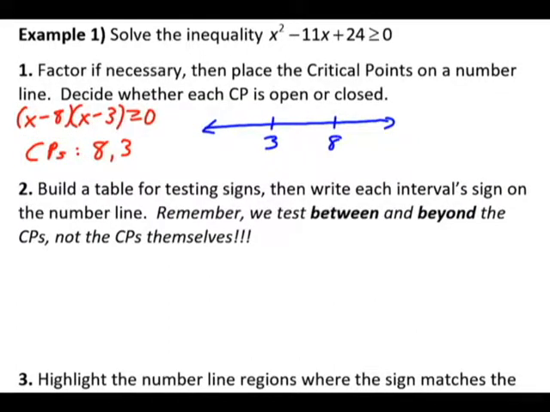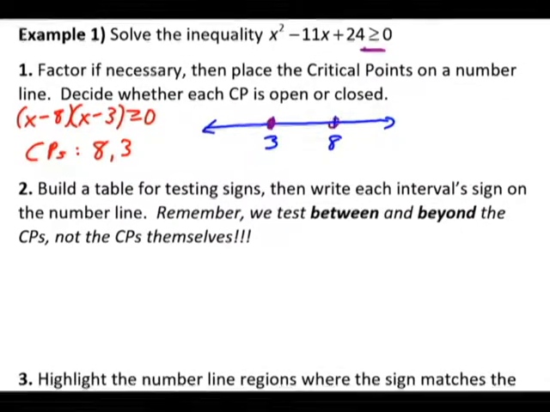We're going to have to decide whether or not to include the critical points in our solution, and so we need to plot this as either open or closed. To do that, we look to the original inequality. We're looking at greater than or equal to 0, and so the zeros are going to be included in the solutions.